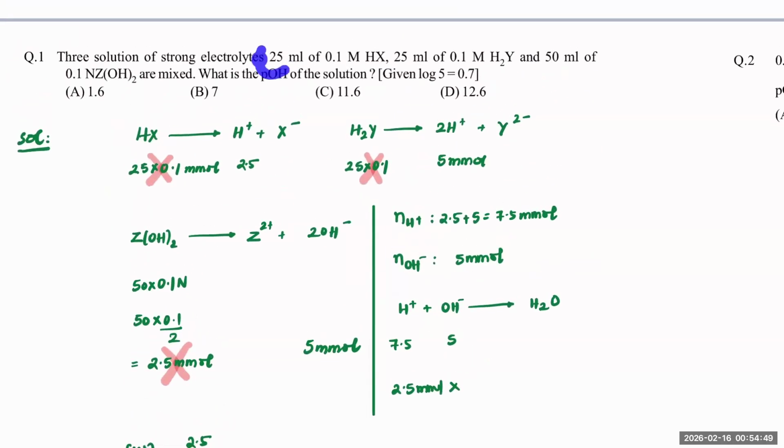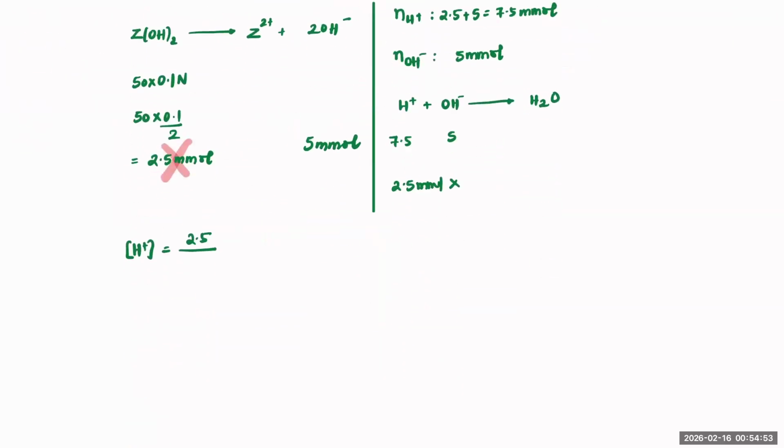Notice the total volume: 25, 25 and 50. So that makes it 100 ml. So 2.5 by 100 ml. So this much is the molarity. So pH will be equal to minus log of 25 by 1000, which makes it 3 minus log 25.